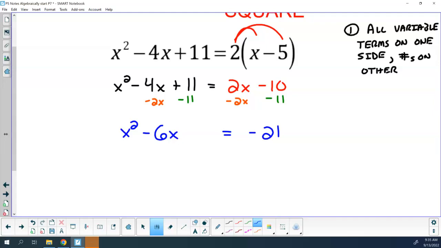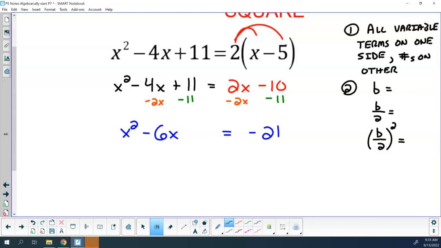Everybody with me so far? Okay. So that is step 1. I have all of my variable terms on one side of the equation, and all my numbers on the other side. Done and done. Step 2, now we get a little funky. Now you need to identify what b is, what b divided by 2 is, and what b divided by 2 squared is.